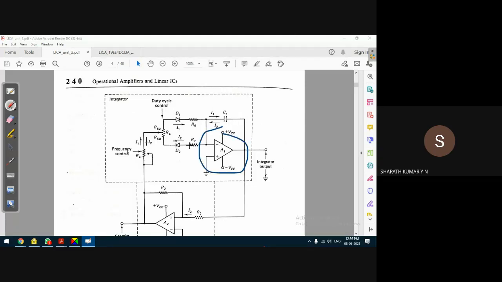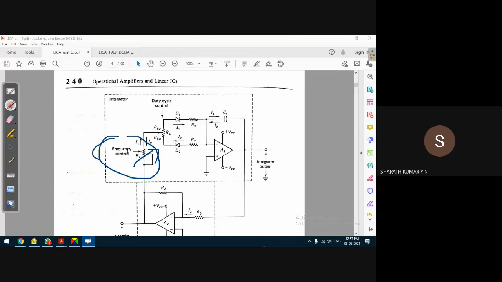It is modified by adding, see, there was only one resistor and one capacitor. Now this resistor capacitor, no change. The same capacitor is used, but the resistor part undergoes a lot of changes to adjust the duty cycle and also frequency. This R4 is a variable resistor.